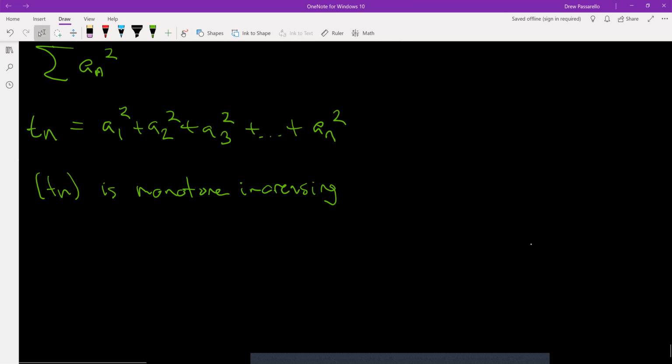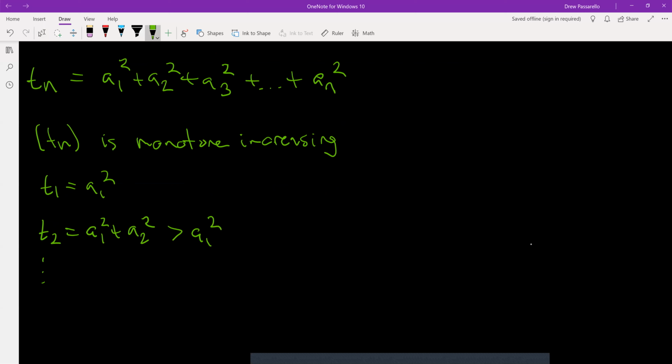Because for all n, we know T1 is a1 squared, T2 is a1 squared plus a2 squared, which is greater than T1, a1 squared.